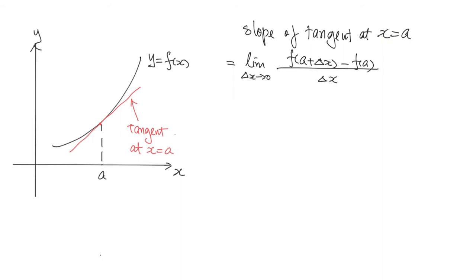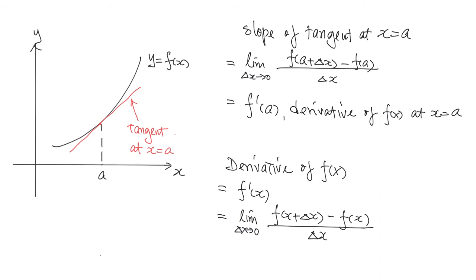Denote this value by f prime a and call it the derivative of f of x at x equals a. Generalize this result. Replace the specific value a by the variable x. We have the function f prime x, the derivative of f of x.